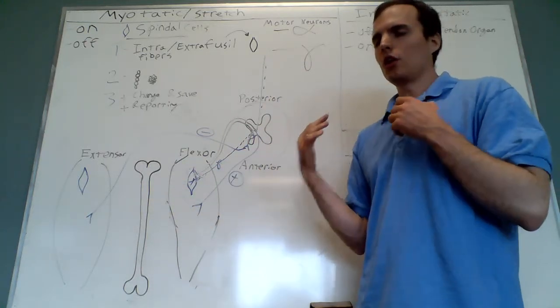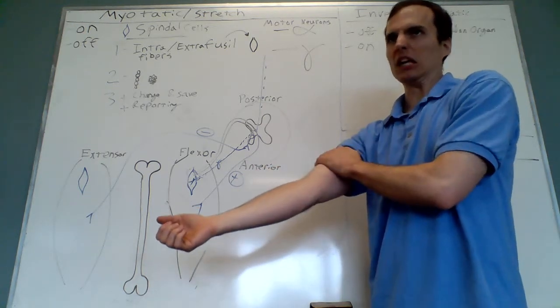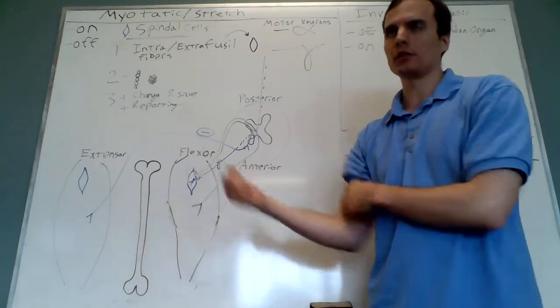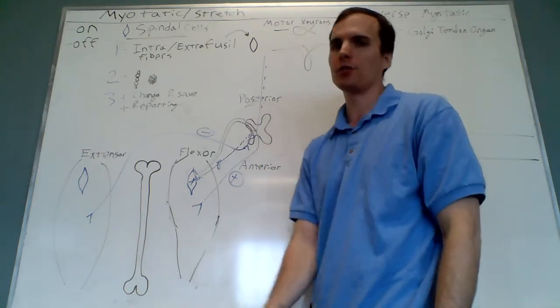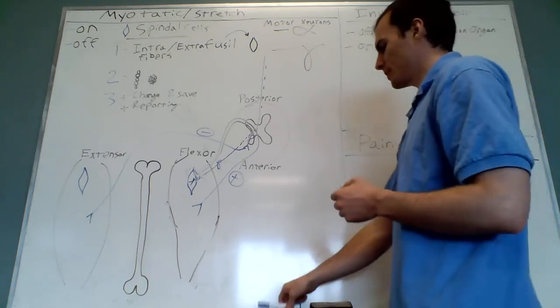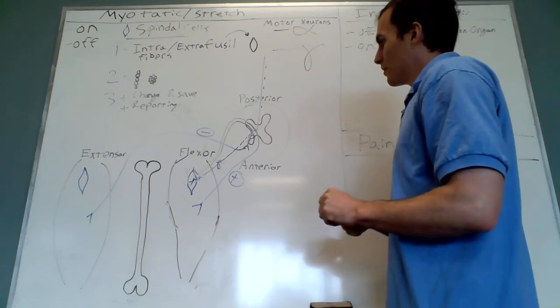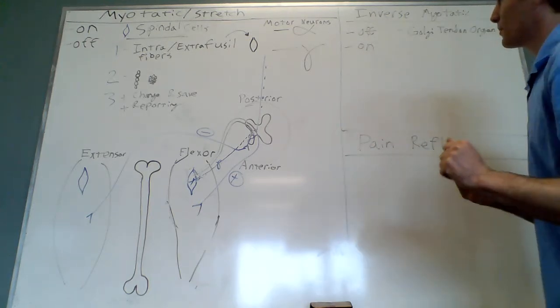And then also is there unlicensed stretch going on? Wee wah, wee wah. Go ahead and contract, otherwise we're going to have a tragic accident. We don't like ambulances coming to our muscles. Okay, and then alpha and gamma motor neurons like we talked about.